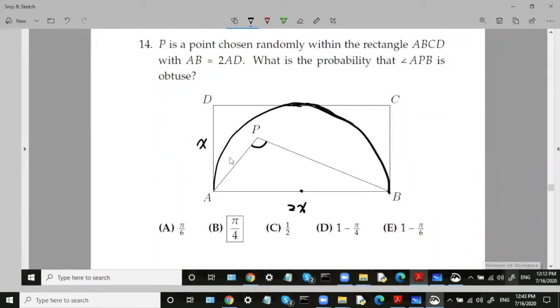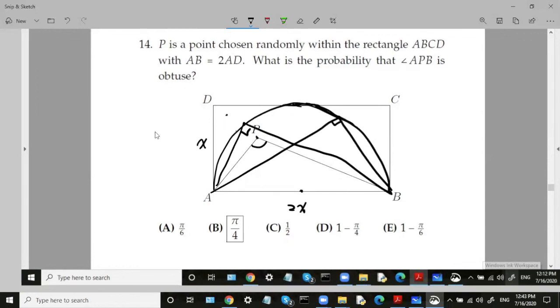If P is on this semicircle, we know it will be a right angle. Any point inside the semicircle would give an obtuse angle, and any point outside the semicircle would give an acute angle.